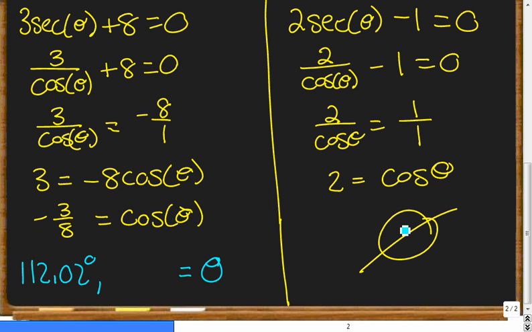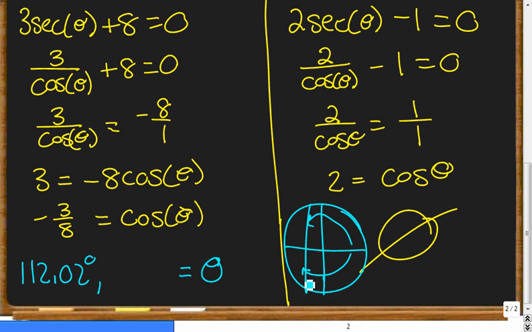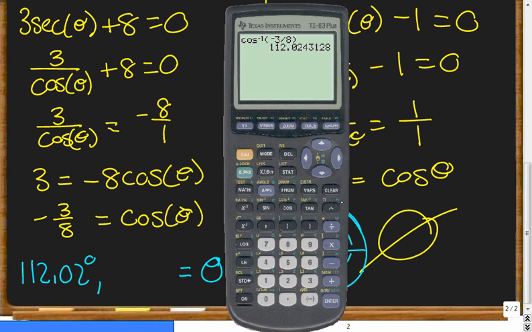So if we think about our unit circle, 112.02 would be like over here. It would be the same cosine as negative 112.02, so we can add 360 to that. So probably the easiest thing to do would be to do 360 minus that answer.